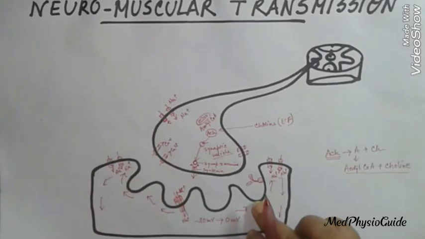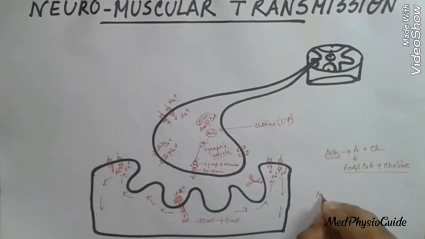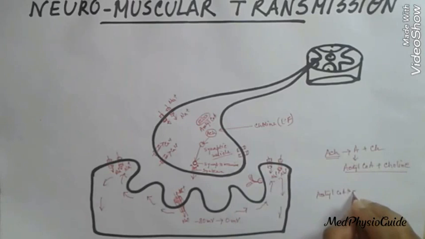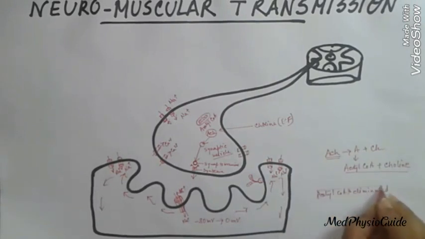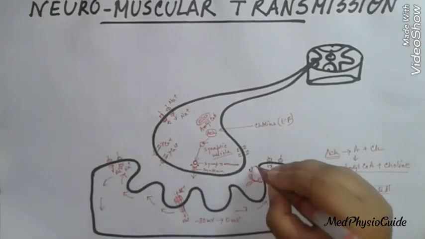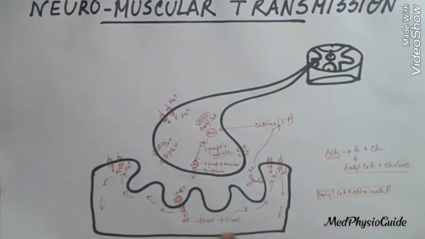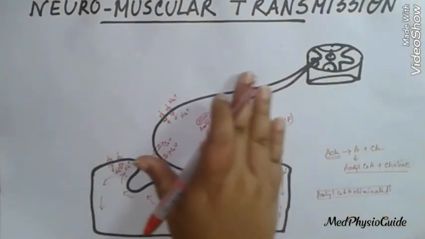Now the acetyl-CoA which is released is eliminated. It may be used for other purposes and can be rapidly produced by mitochondria, so it doesn't need to be preserved. But the choline should be preserved because it is not easily produced, so the choline goes back to the ECF. And this is how the neuromuscular transmission takes place and the muscle contracts thereafter.